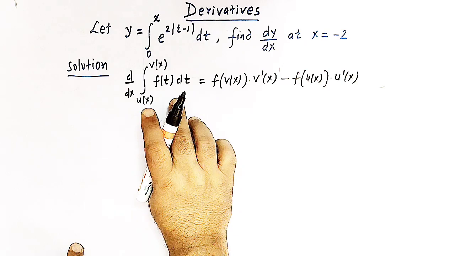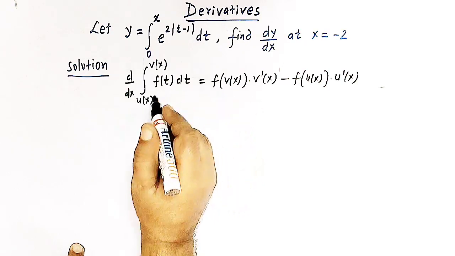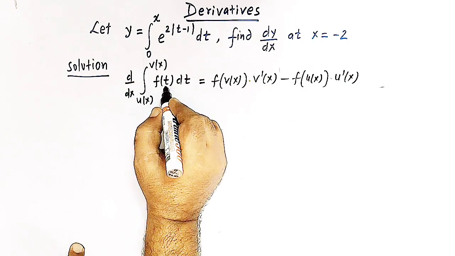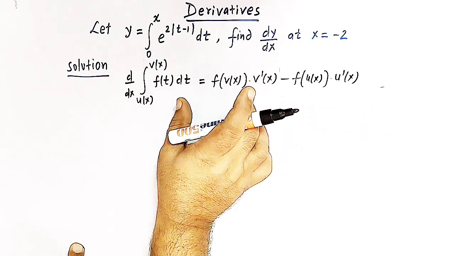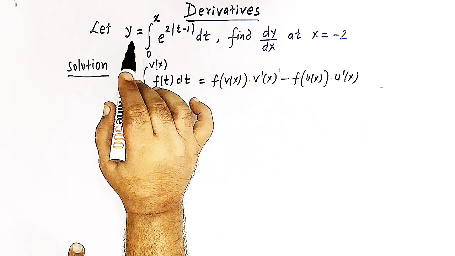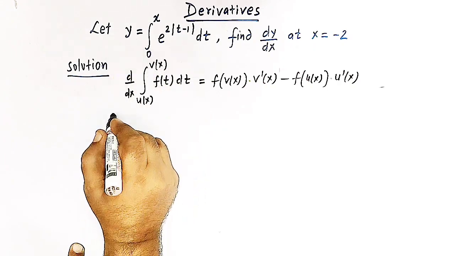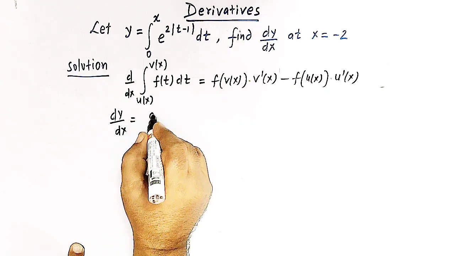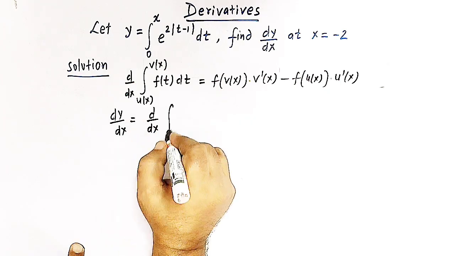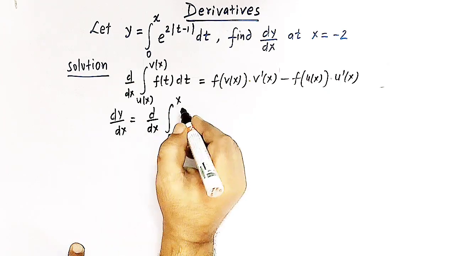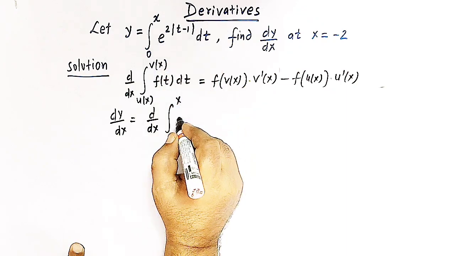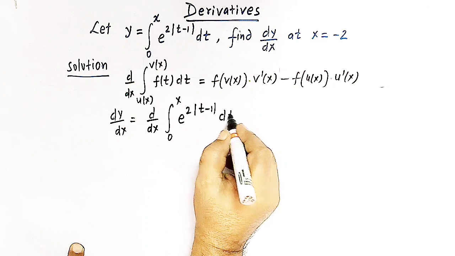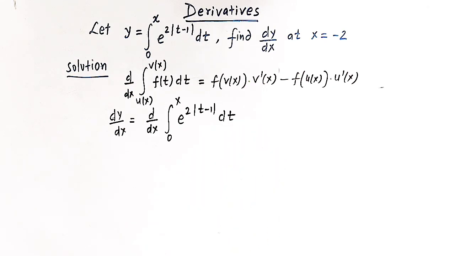So this is the Leibniz integral rule when we have a function of t only, right? So let us make use of this result to differentiate this function y. So we can now write dy over dx is equal to d by dx of the integral from 0 to x of e raised to 2 times mod of t minus 1 dt.